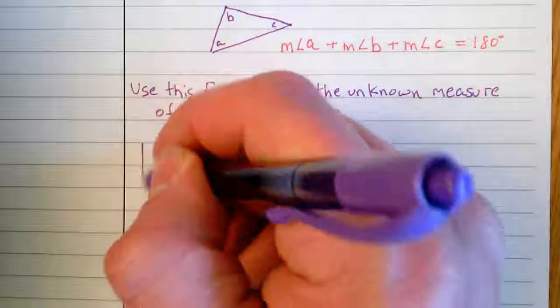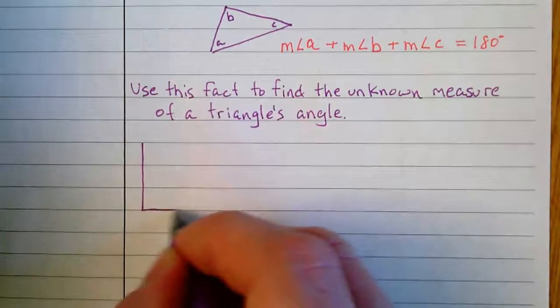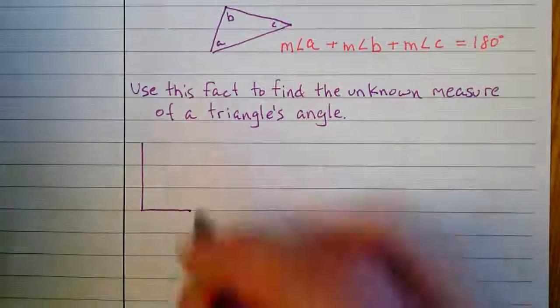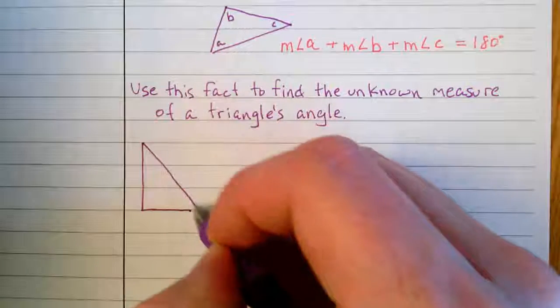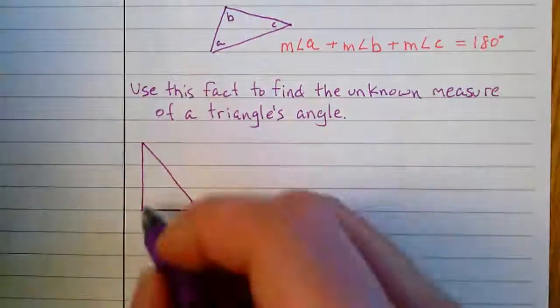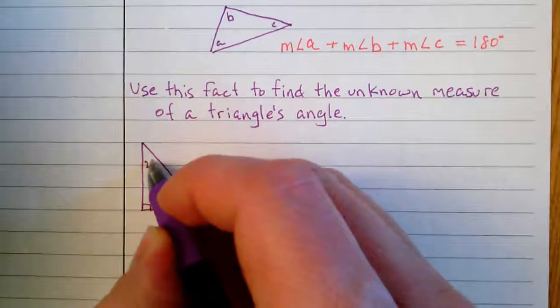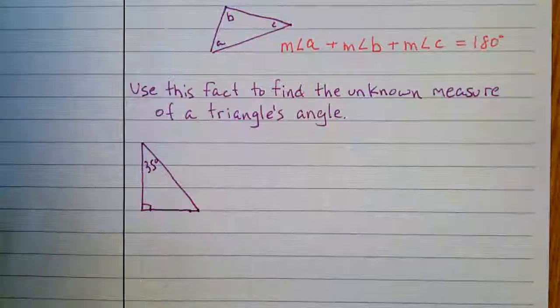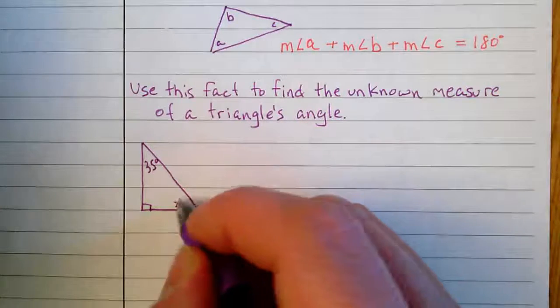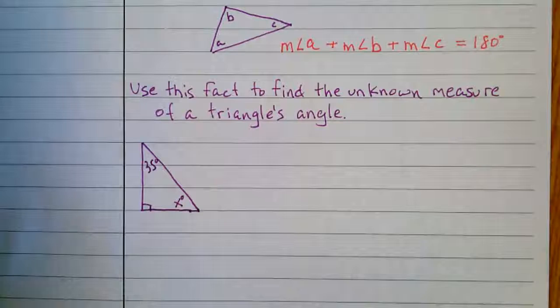We'll make a little triangle. Now, this is totally not precise. We'll make this a right triangle. We'll call that 35 degrees. Let's say that's x degrees.